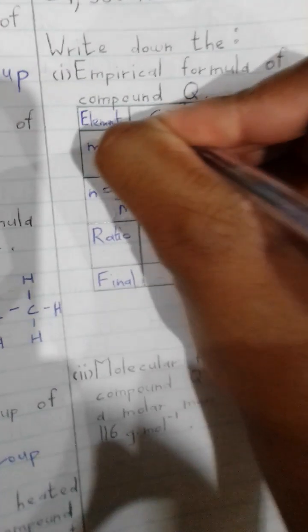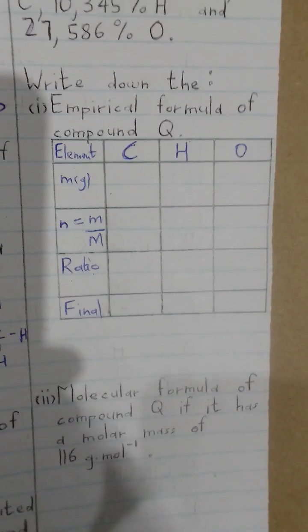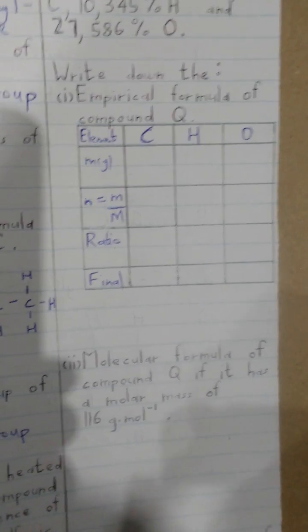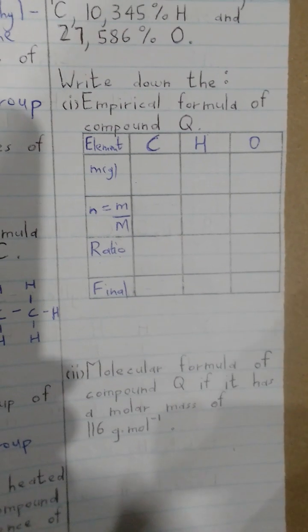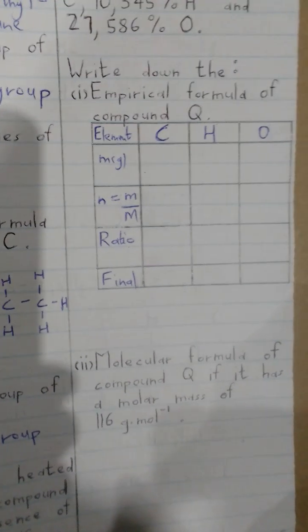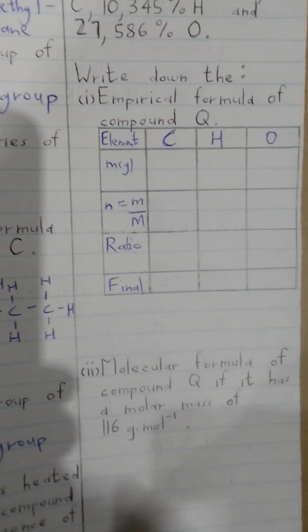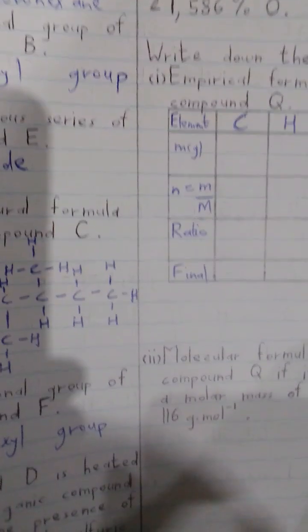We have carbon, hydrogen, and oxygen. Please note that with mass, everything must add to 100. So let's verify. 62.069 plus 10.345 plus 27.586, and it is indeed 100 as you see on this calculator.